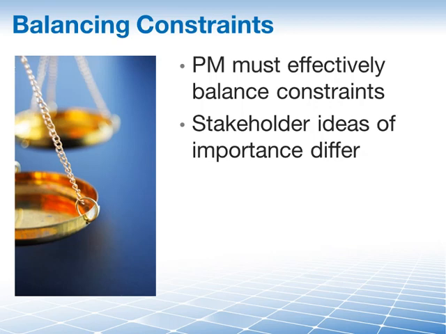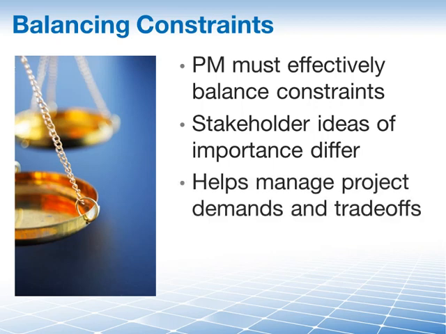Effective balancing of constraints helps you effectively assess each situation and balance the demands in order to deliver a successful project, as well as actively manage the trade-offs that are required to best meet the project constraints at any given time on the project.